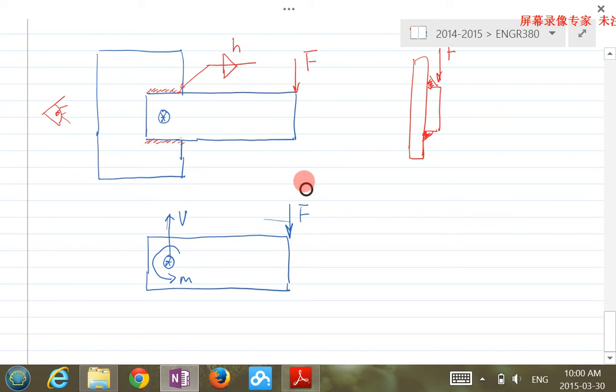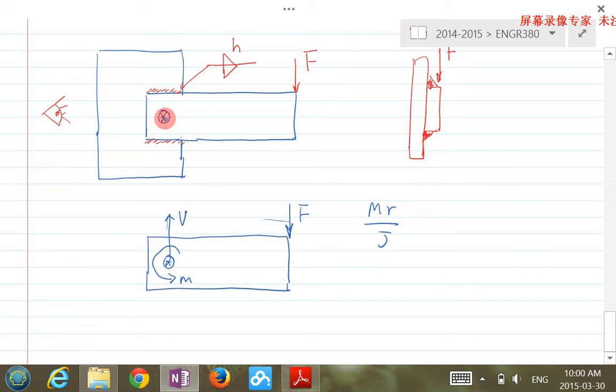That makes sense? Bending normal stress, if you remember, the formula is M times r over I. M is not going to change; M is this. And r is the distance from the center to wherever you're looking at.